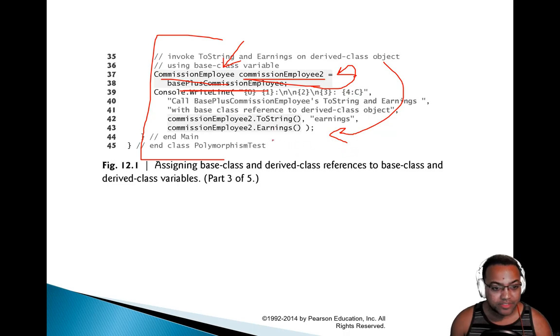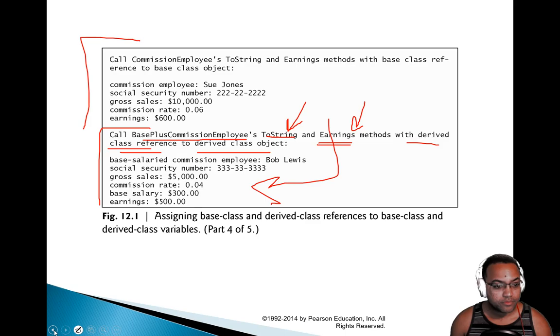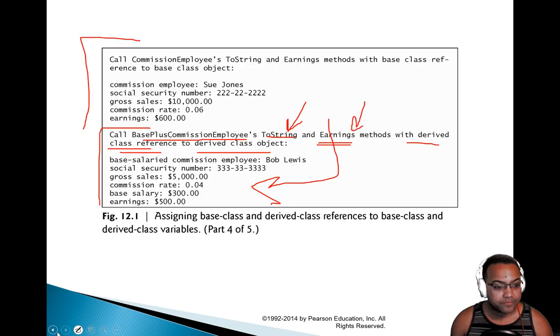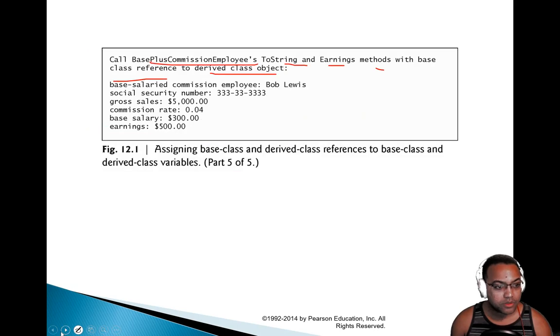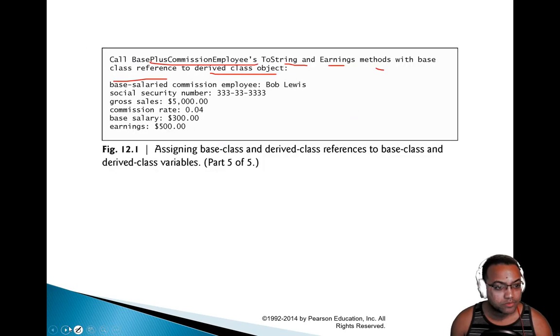And then we did our methods off of the base class. And if you look, the data is pretty much the same. There's only one difference. Well, hold on. 0, 4, 3,000. No, there is no difference. Right. So, yeah, same thing. The only thing we did was we used the derived class object with base class references.